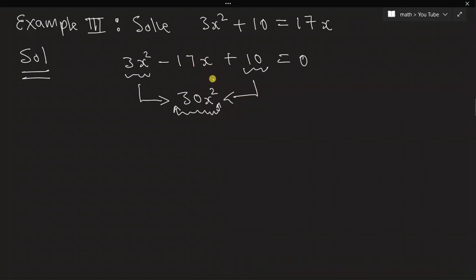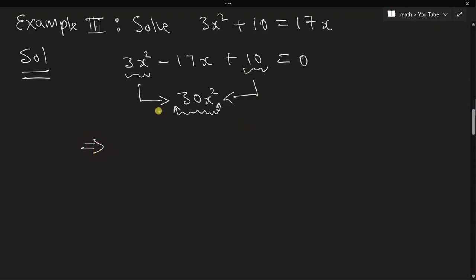It is very easy to spot two such numbers, because I see that 15 by 2 gives me 30, and I know that 15 and 2 give me 17. So I have to see how I can arrange these two so that they give me negative 17x. We see that these two numbers should both be given the negative sign. So we take them as negative 2x and negative 15x.